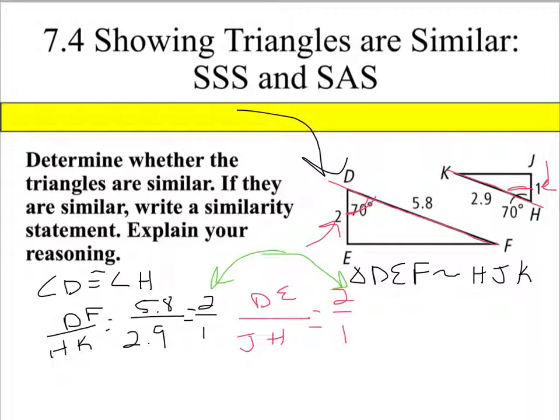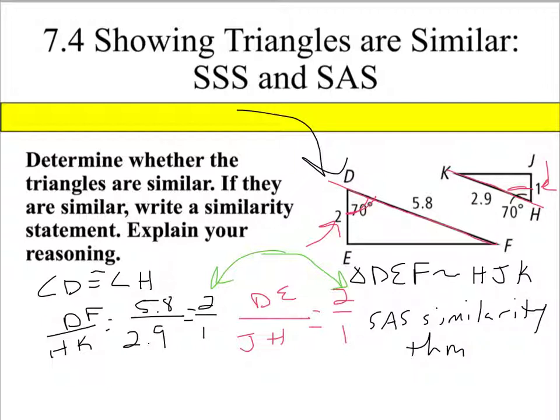Because of the side-angle-side similarity theorem. Make sure that you write down similarity. We know the side-angle-side congruence theorem, but in this problem we also need to know that they're not congruent, they're similar. So be careful there.